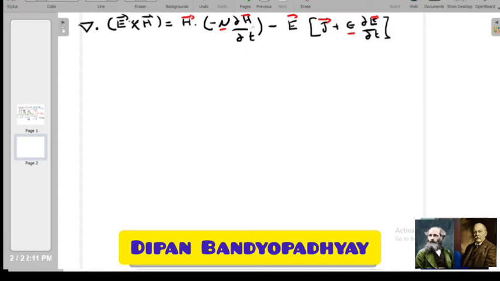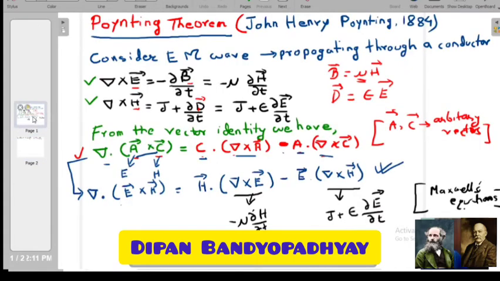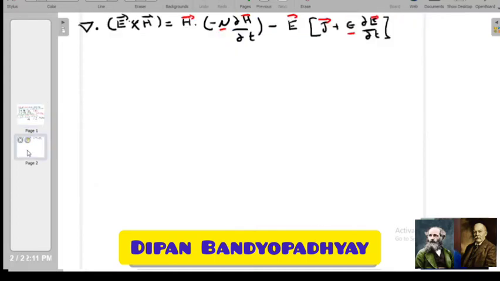Remember one thing about what we have done here. If I go to the previous page, you know that B equals mu H and D equals permittivity times the electric field intensity. This you know. And what we are considering here is that mu and epsilon are constant, so they are not changing.